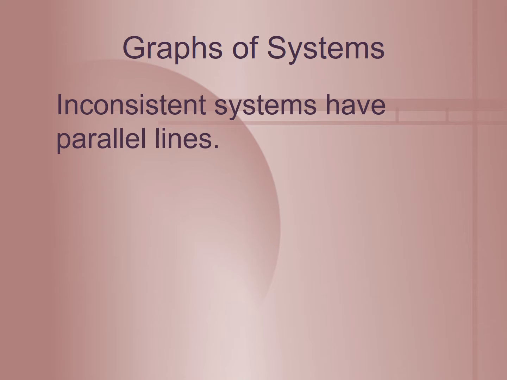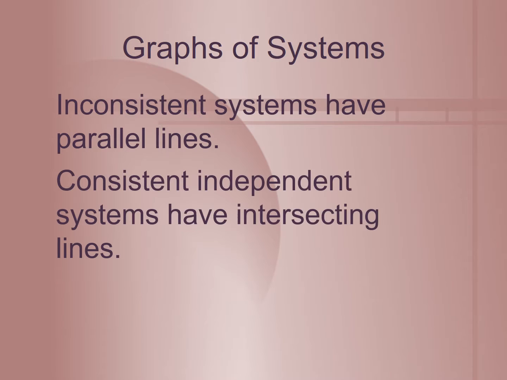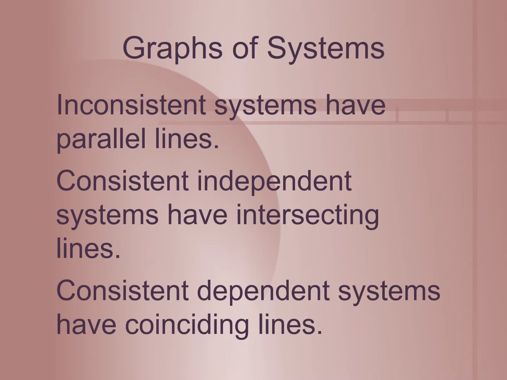So inconsistent systems are parallel lines. Consistent independent systems have intersecting lines. And consistent dependent systems have coinciding lines. Coinciding lines means that the lines are the same. They're on top of each other.